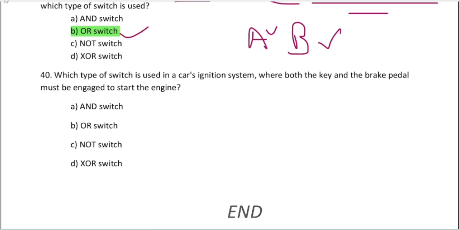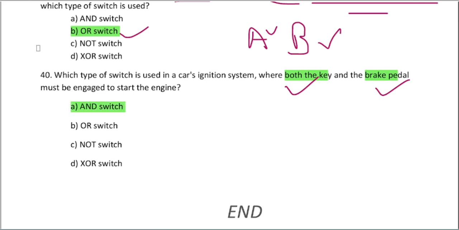Question number 40. Which type of switch is used in a car ignition system? What is an ignition system? Think about starting the car, where both the key and the brake pedal must be engaged to start the engine. Both means AND, right?